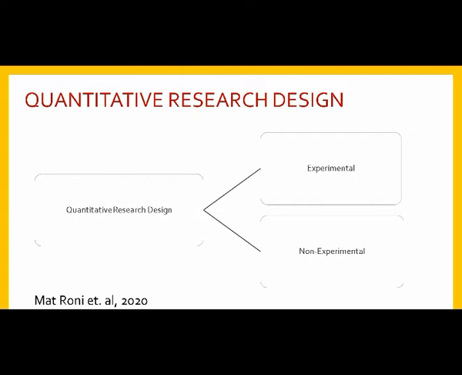This classification, as shown in the figure, is based on the framework explained by Marroni et al. 2020. They have classified quantitative research design into two, experimental and non-experimental, based on the level of scientific rigor and integrity of the design.